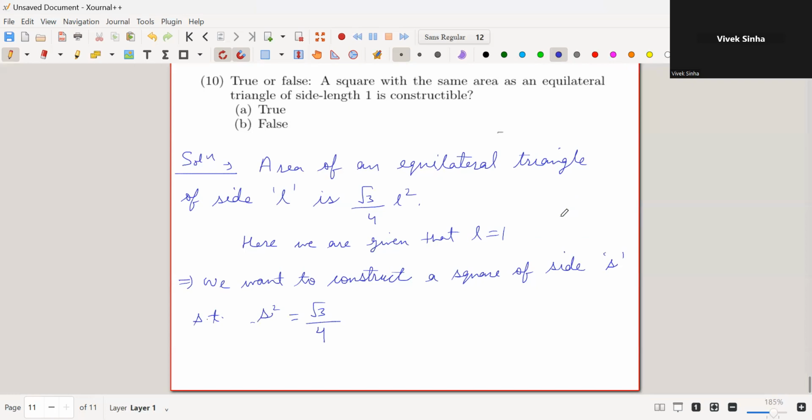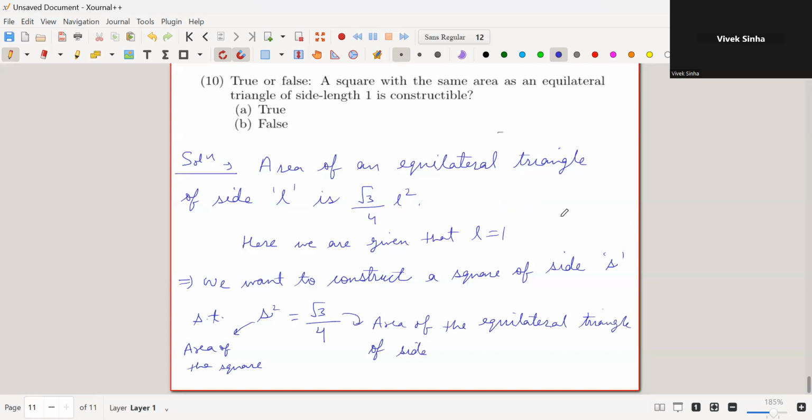This is the area of the square, and this is the area of the equilateral triangle of side length 1.